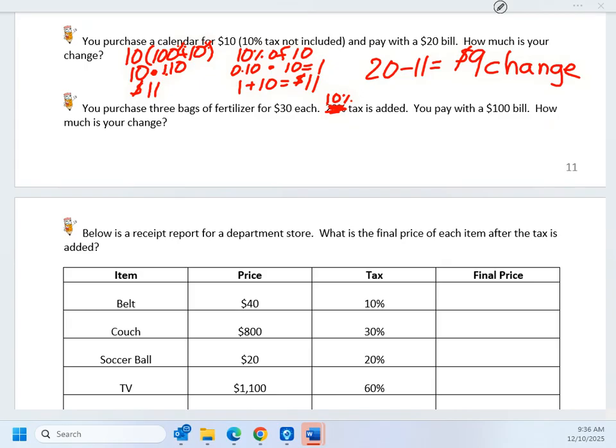When you found the amount, give me a thumbs up if you found the amount of change that you should get. We're going to wait another minute to get some more friends to finish up.